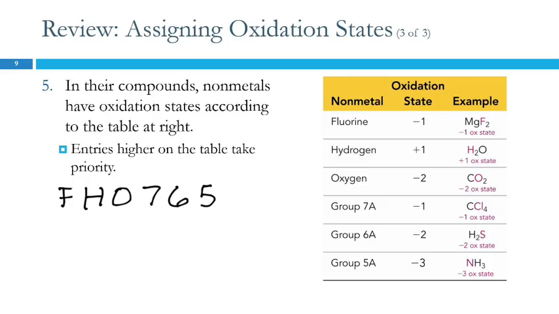So kind of an example of that is carbon tetrachloride. So carbon and 4 chlorines. To predict oxidation states in there, we go Pho 765. No fluorine, no hydrogen, no oxygen. Oh, chlorine's group 7. What does it want to be? -1. And there's 4 of them.